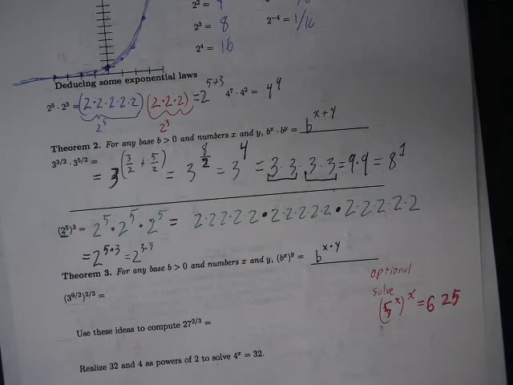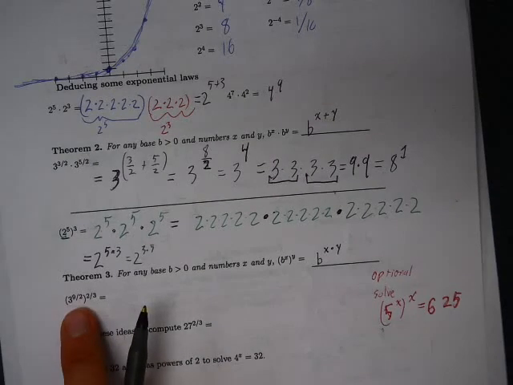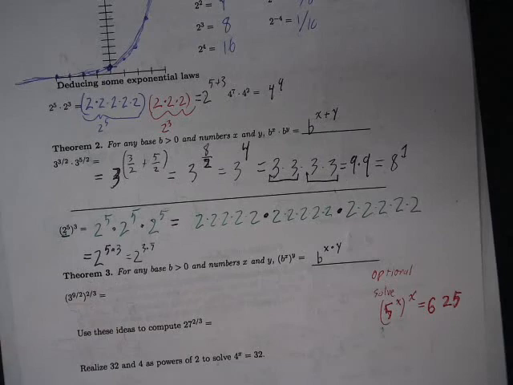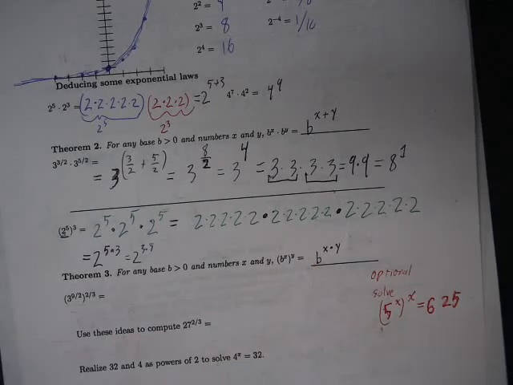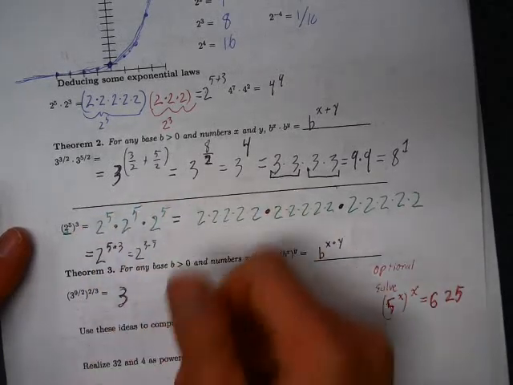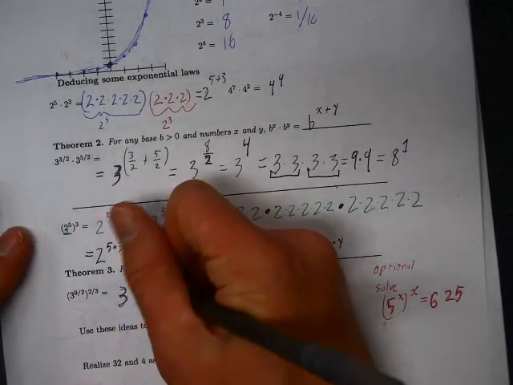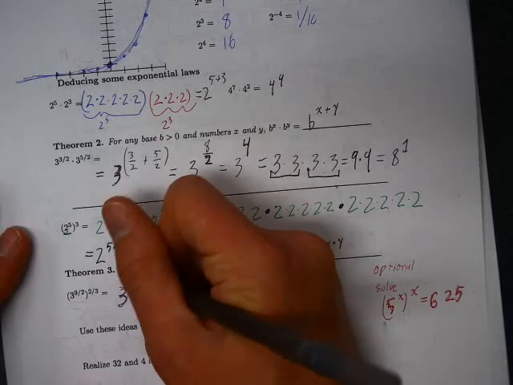Let's use that to do some things. Let's compute 3 to the 9 halves raised to the 2 thirds. Is that an exponential of an exponential? Yeah, so that means I can use exactly this rule. b to the x to the y is b to the x times y. So that'll be 3, because 3 is the base, to the 9 halves times 2 thirds.